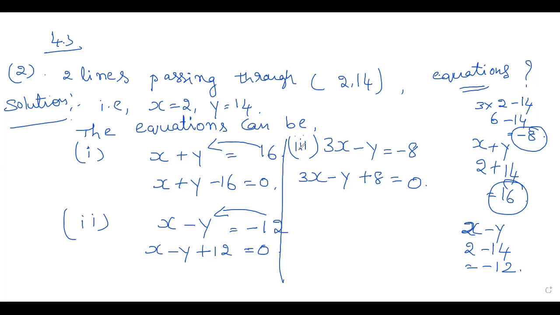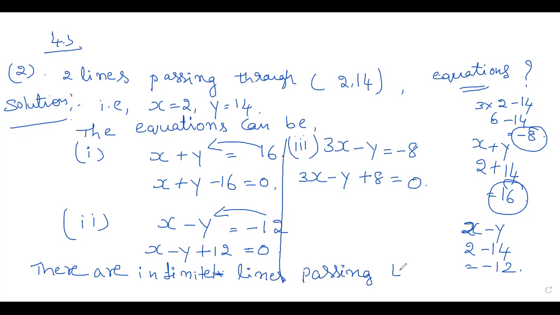So there are infinitely many lines passing through 2, 14. Okay, children.